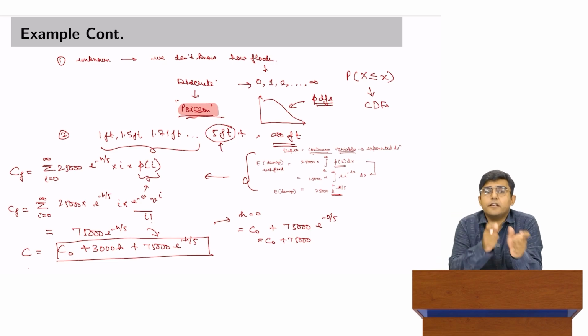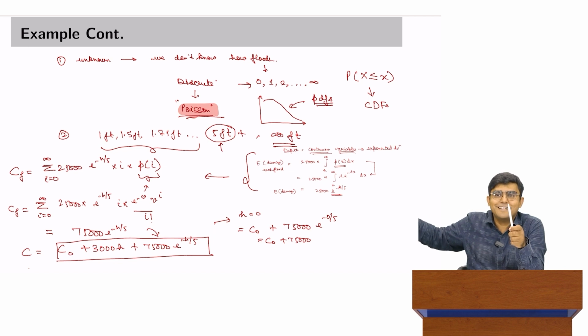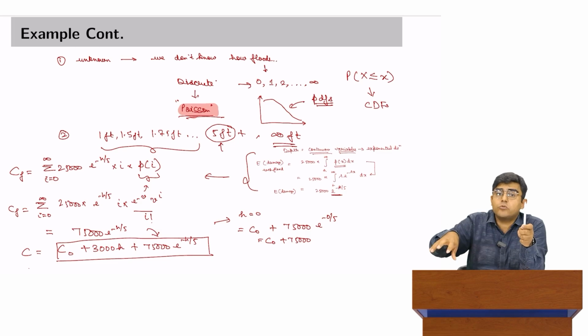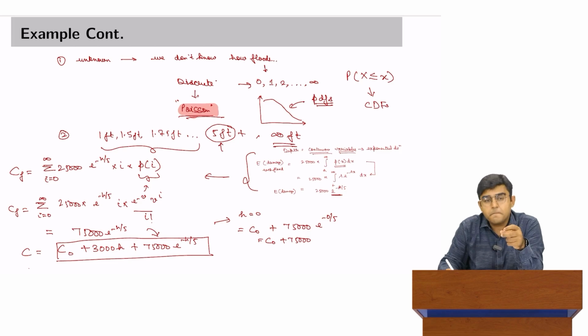However, when the indirect costs come into the picture, that is 75,000 e to the power minus h by 5, that immediately tells us that indirect costs at h equal to 0 supersede all the costs that are fixed costs, as well as the cost per unit of height, because of the losses that we are going to incur because of exposure of the assets that are in place.